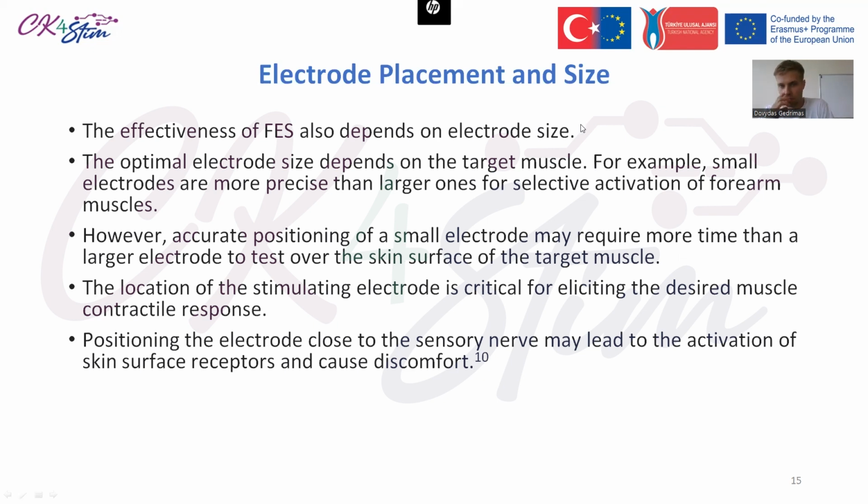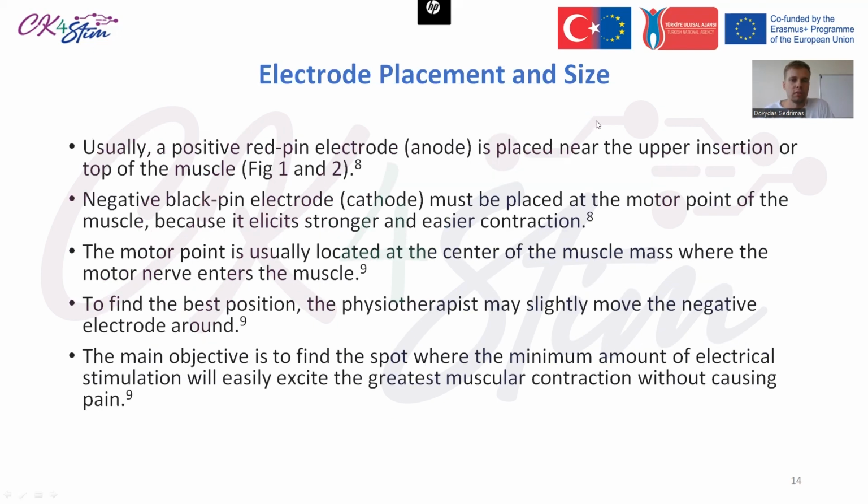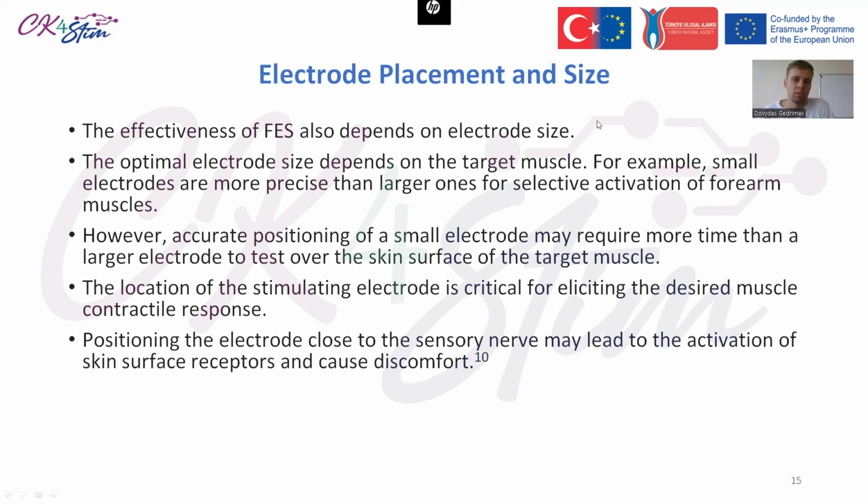The effectiveness of functional electrical stimulation also depends on electrode size. The optimal electrode size depends on the target muscle. For example, small electrodes are more precise than larger ones for selective activation of forearm muscles.